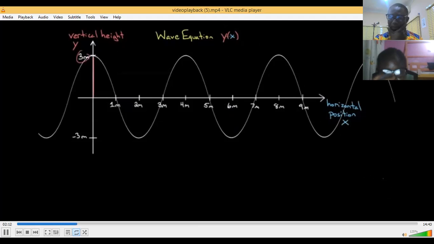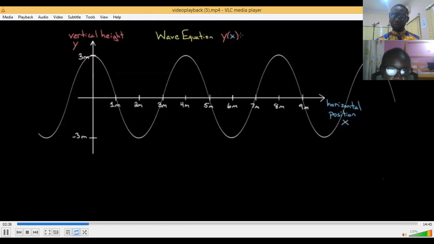So this wave equation should spit out 3 when I plug in x equals 0. When I plug in x equals 1, it should spit out that it's at 0 height, so it should give me a y value of 0. And if I plug in an x value of 6 meters, it should tell me that y value is -3. So no matter what x I plug in here, say 7, it should tell me the height of the wave at that horizontal position.